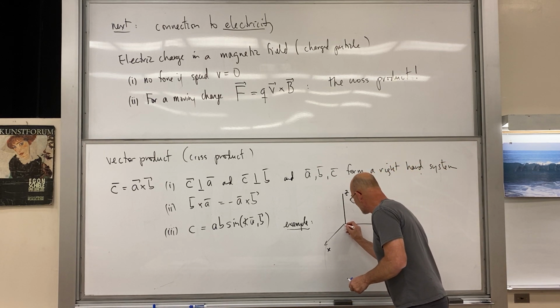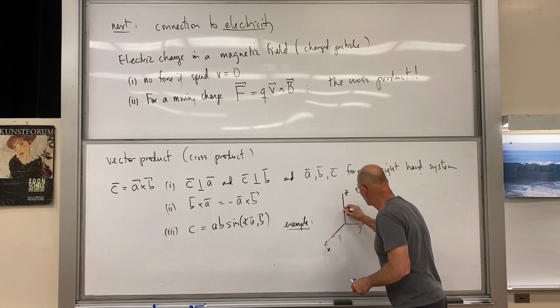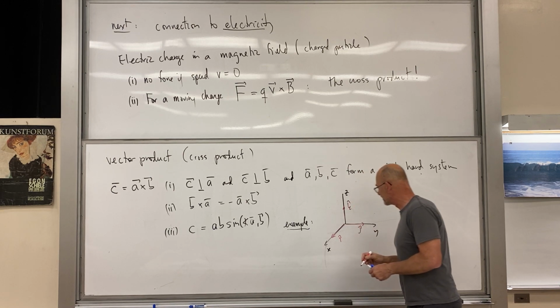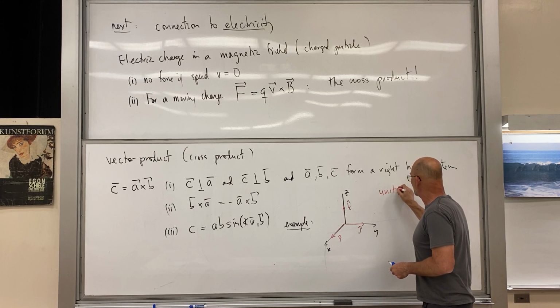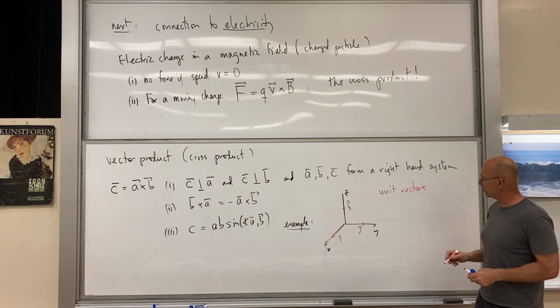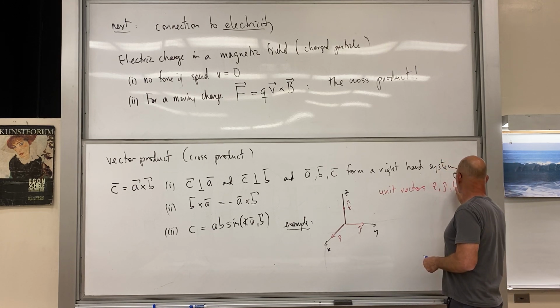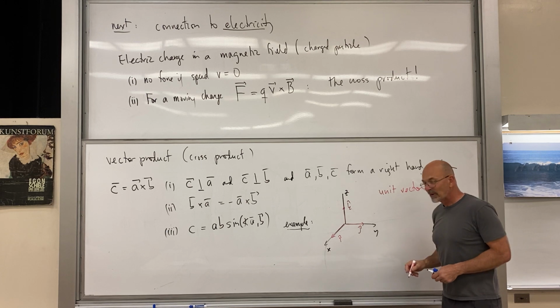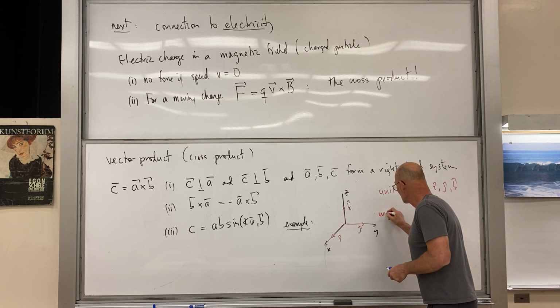So we can have I hat, J hat, and K hat. So those unit vectors form a right-hand system. That's a good way to look at this. So the unit vectors I hat, J hat, K hat are a right-hand system with the following.